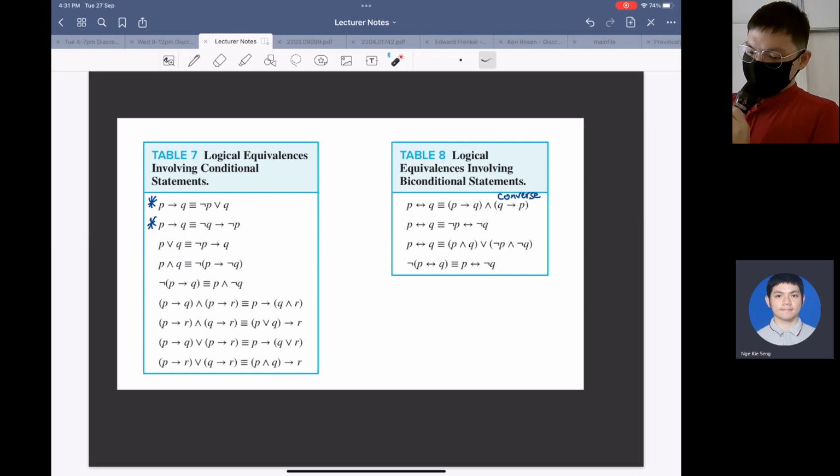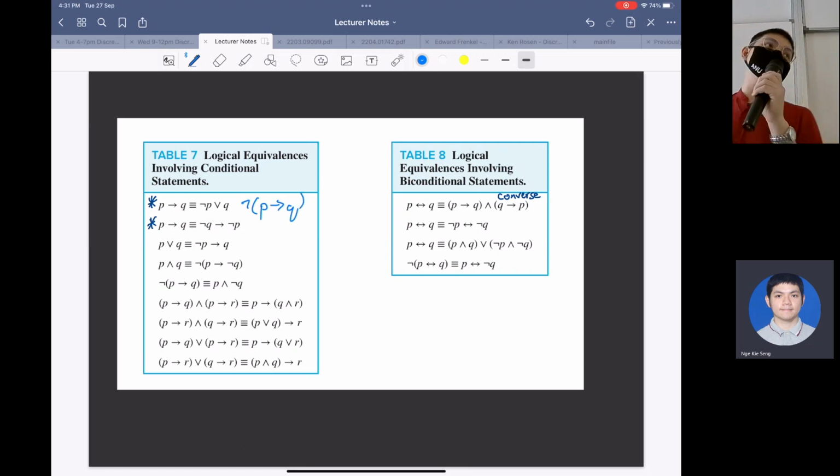Notice that I didn't tell you last week what the negation of P implies Q is. But once you know that P implies Q is not P or Q, then the negation becomes easier. So I will show you how to use the previous page.